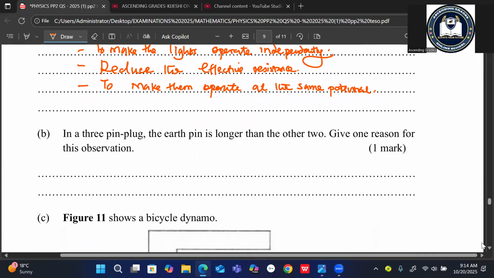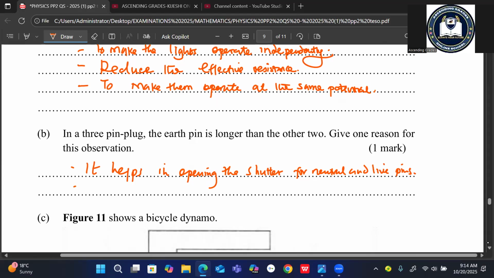We have 1, it helps in opening the shutter for neutral and live pins.